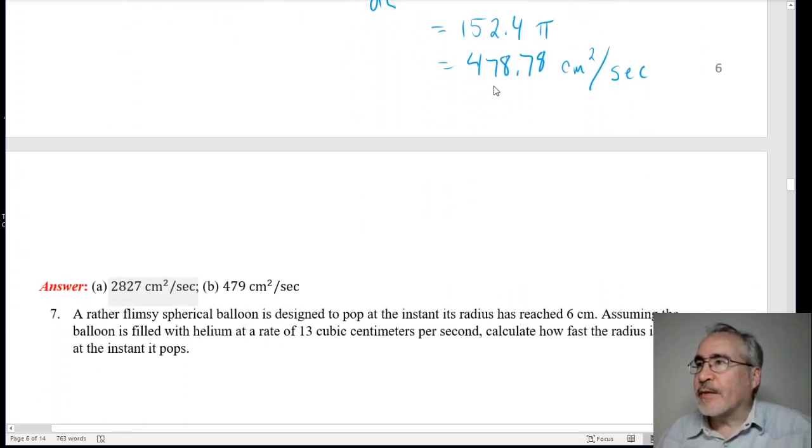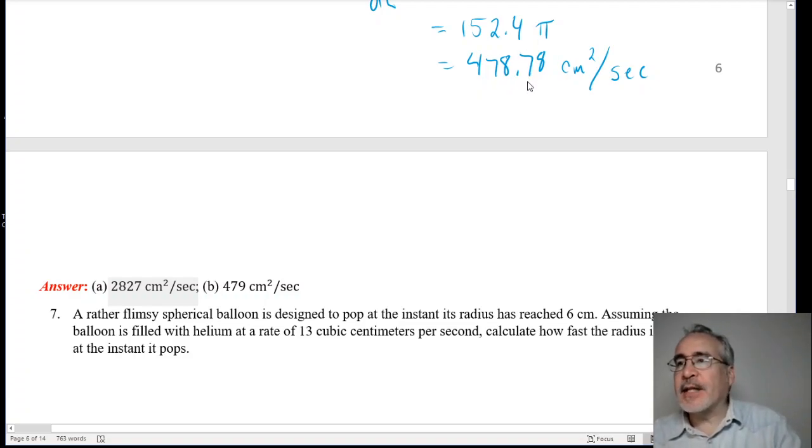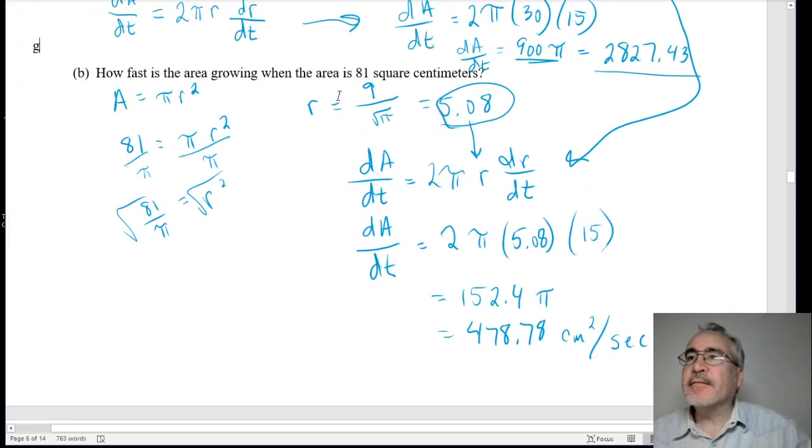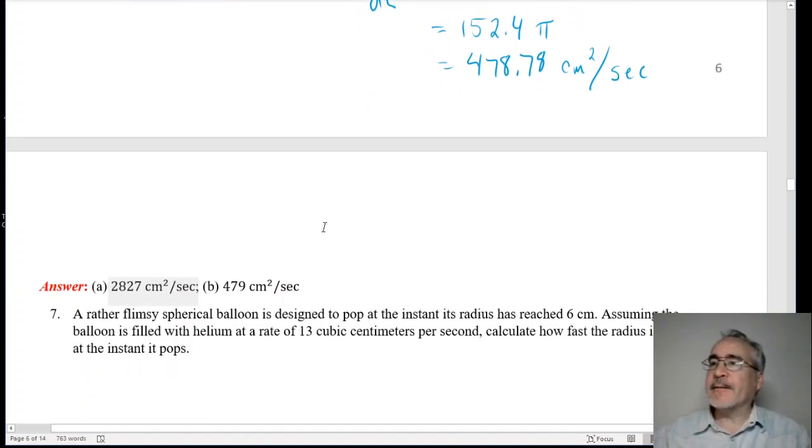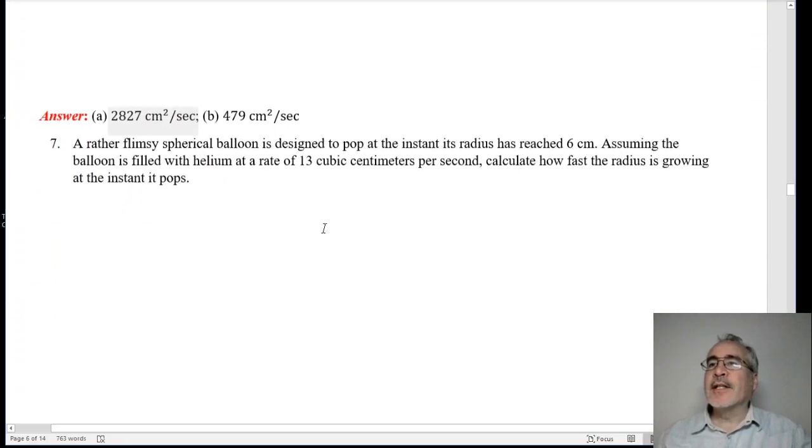And then the last one, 479, they rounded to the nearest whole number. So that's fine. We had the correct answer, and if they would have told us exactly what they wanted rounded, we would be right on track. Okay, so that's that one.